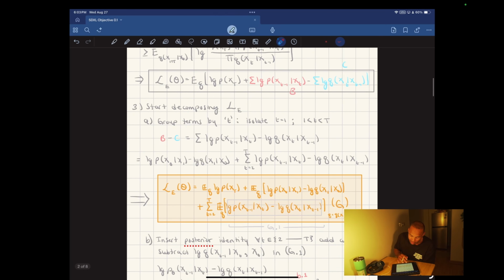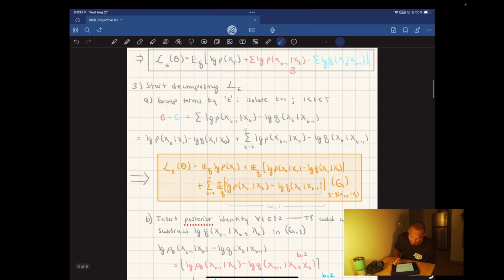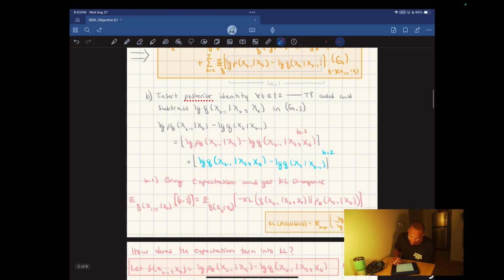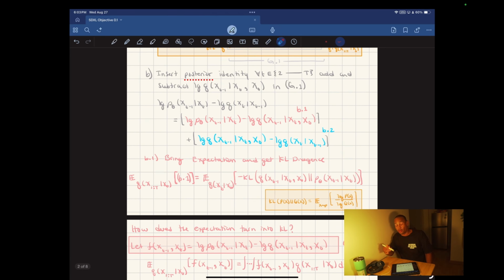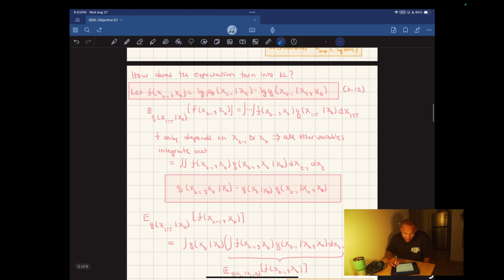And then we start decomposing the loss function, just doing some algebra, which I personally think is important. That's why I'm doing all this. If I didn't think it was important to know, as a first principles guy, then I wouldn't be doing this. So we do a bunch of algebra.